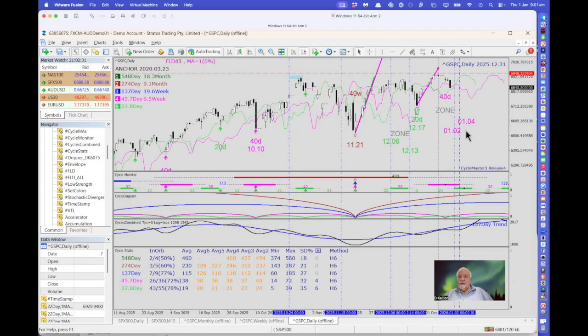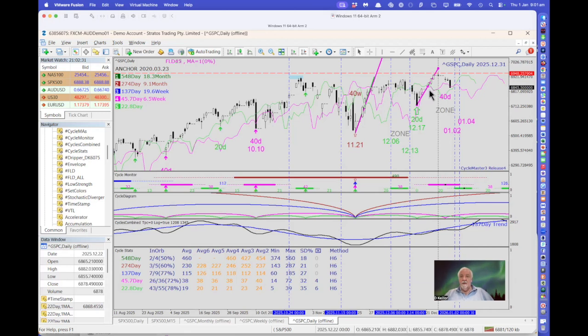So if price continues down into this zone, this phasing says that'll be the 40-day low. After the 40-day low, I expect that price will rock and roll to the upside.